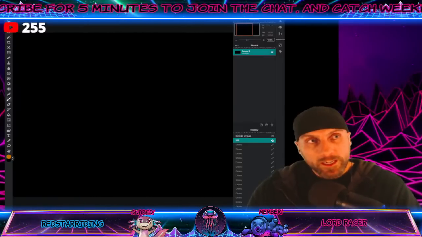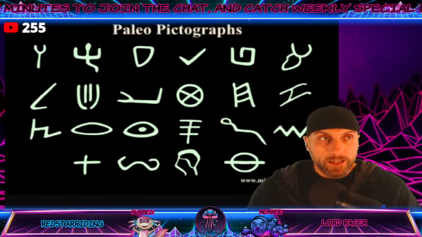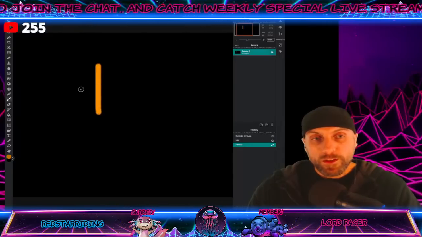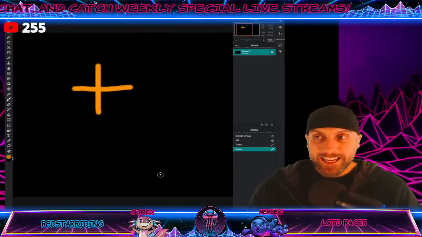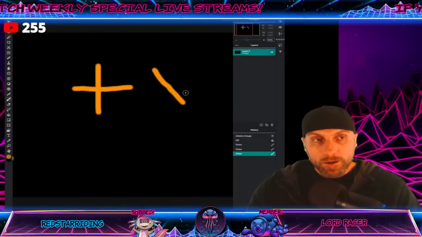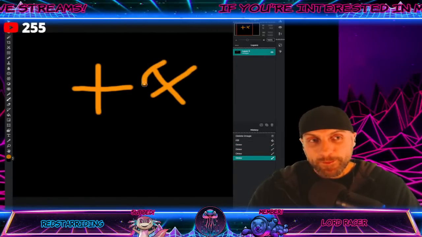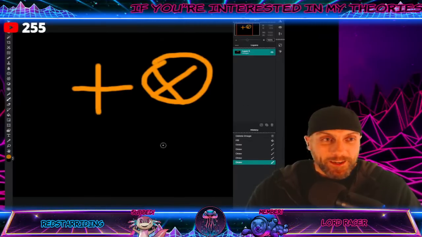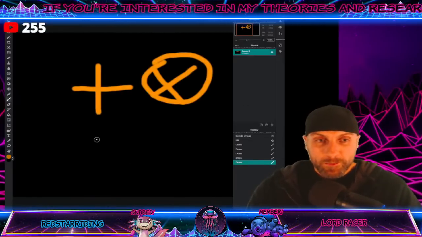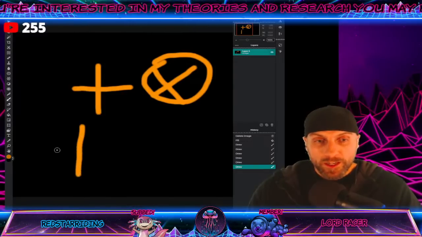But all you need to take away from all of that is that this plus sign down there is the Tav, or the Tau, right? And it is the X that marks the spot. I mean, technically the Tet is the X that marks the spot, right? Or you could have basically the four rivers in the Garden of Eden.